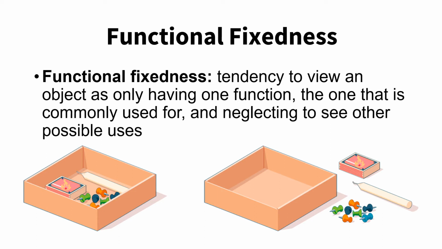The example that the textbook gives us is that they have a box set out, and this box is keeping all of the tacks together. They have a set of matches, and they have a candle. And they ask participants to use the tools they've been given to prevent the candle from dripping wax onto the table when it's lit.